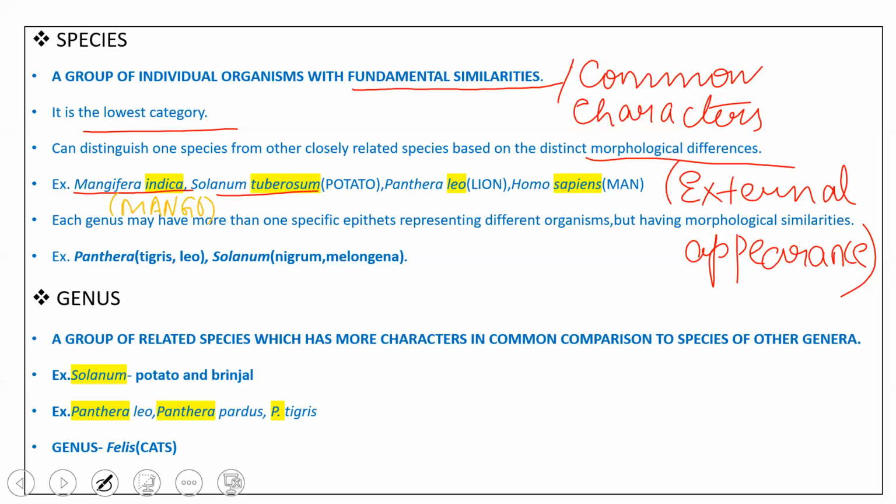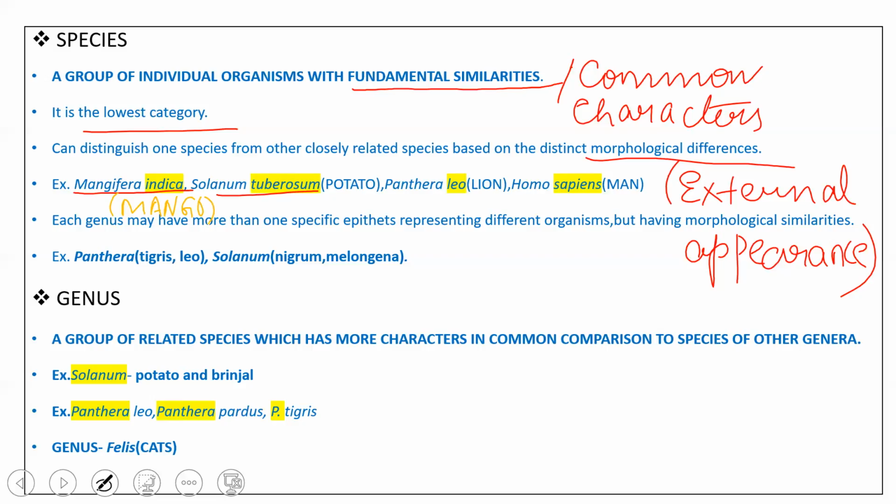According to binomial nomenclature, the second word of every scientific name is called the specific epithet, or species name. So indica, tuberosum, leo and sapiens represent the species name. But is it the same for all organisms? It goes on differing, isn't it? Indica is different, tuberosum is different, leo is different, sapiens is different.